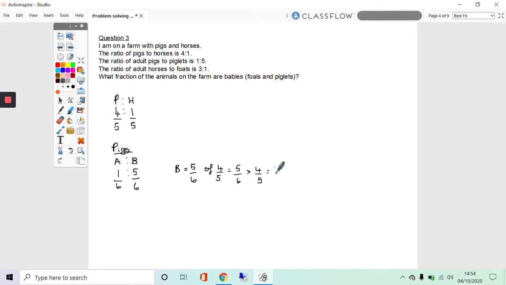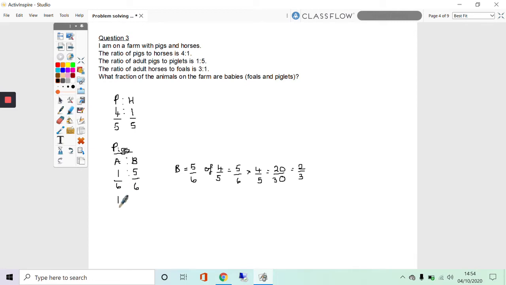So that's going to give me 20/30, which is 2/3. So 2/3 of all the animals on the farm are piglets.